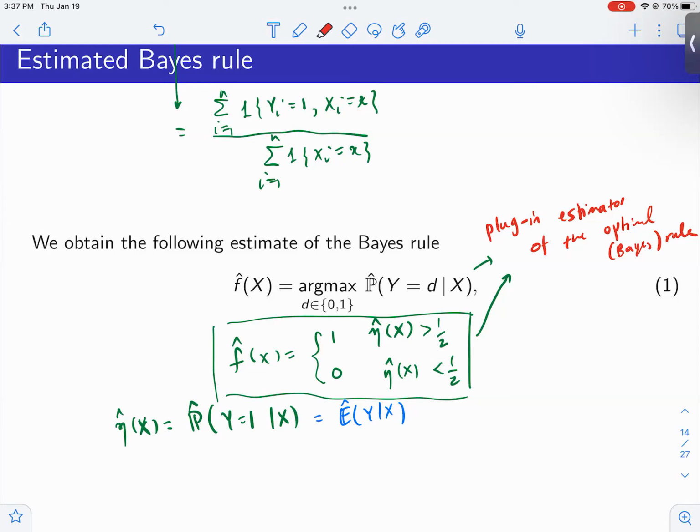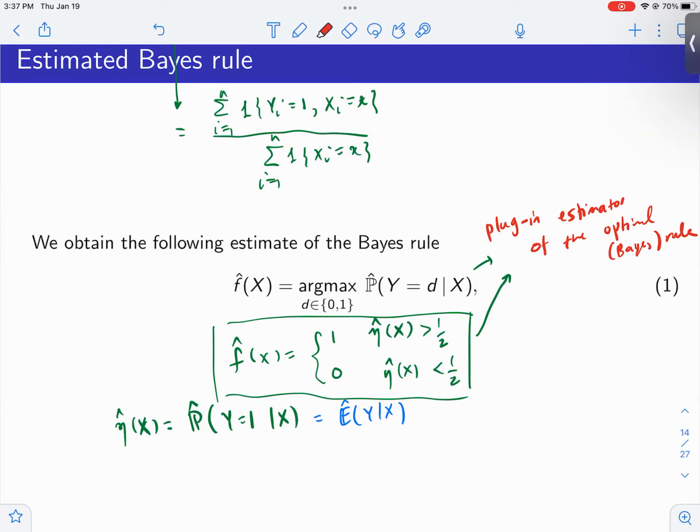No one remembers. So I have to compare the probability that y is equal to 0 given x, and decide which one is bigger, right? And they sum to 1. So the one that's bigger than 1/2 is going to be bigger because the other one is 1 minus this. So that's why we threshold at 1/2.